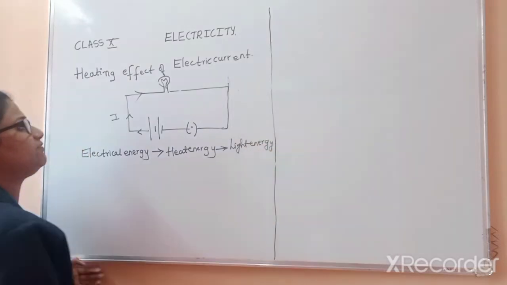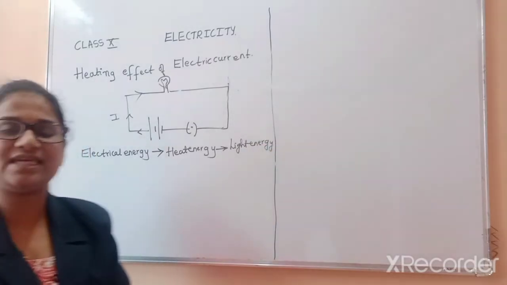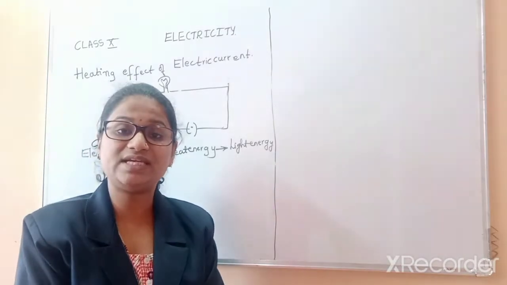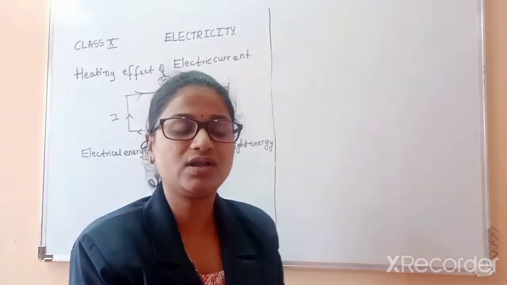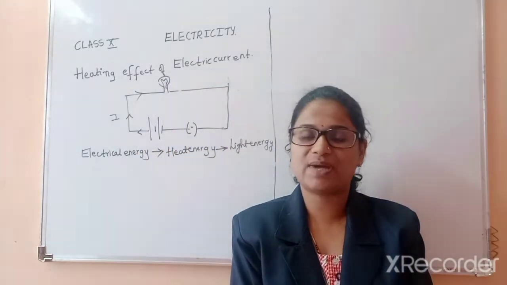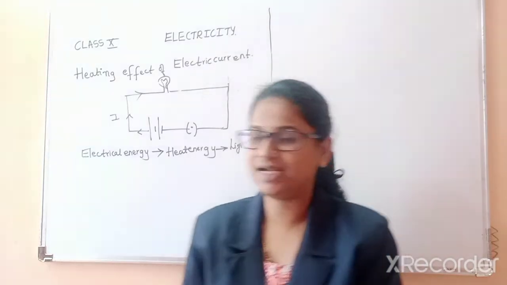Like this, the heating effect of electric current is seen in our daily life. So how is heat released in electrical appliances while electric current passes? Let us see that.